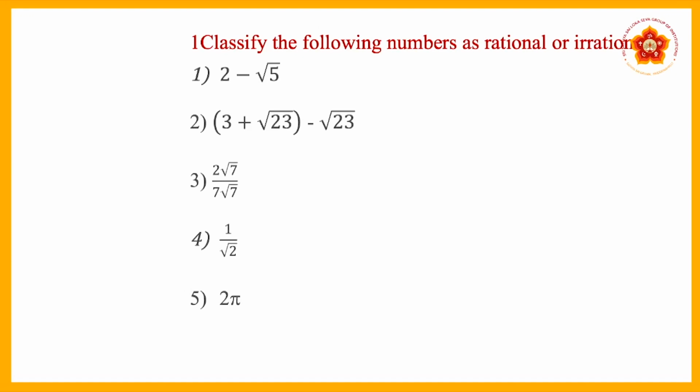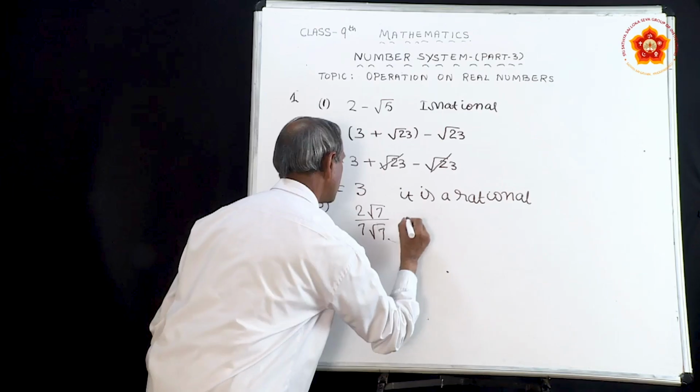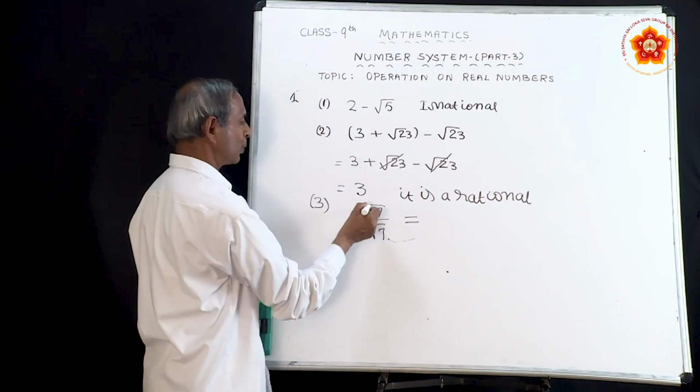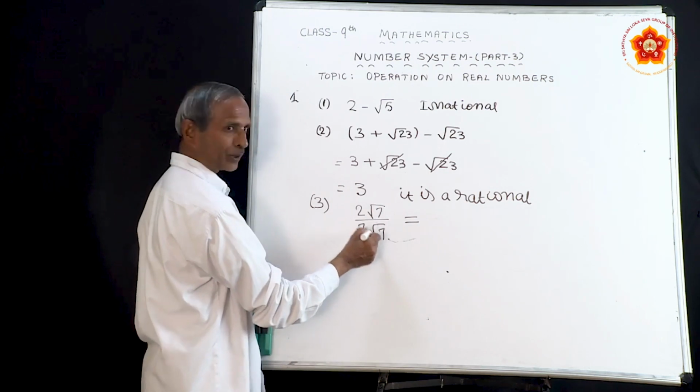Now let us take the third problem. Third problem is 2 root 7 upon 7 root 7. Observe carefully, in the numerator there is root 7 and denominator is also root 7.